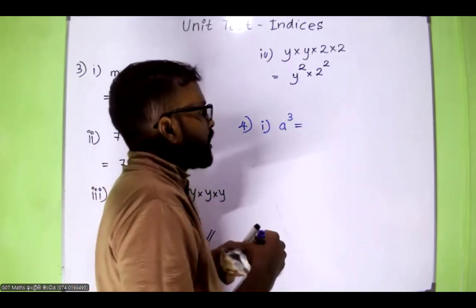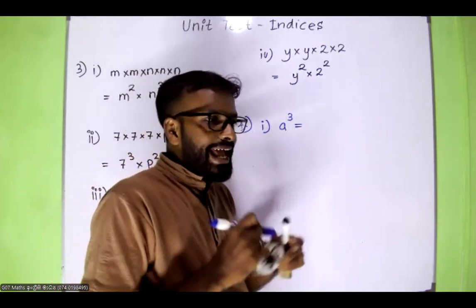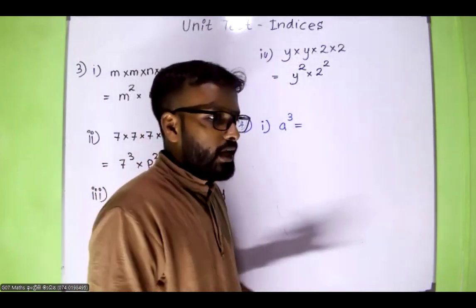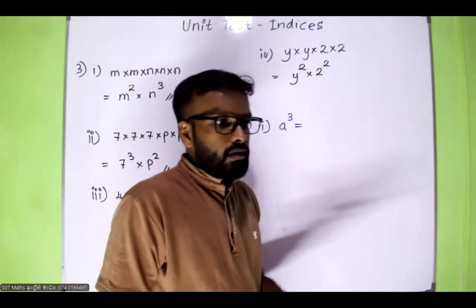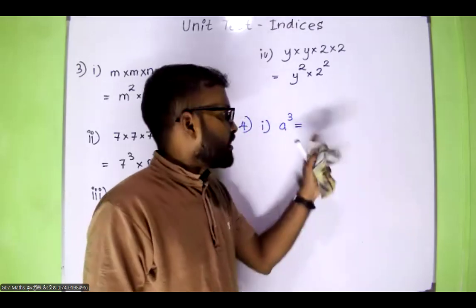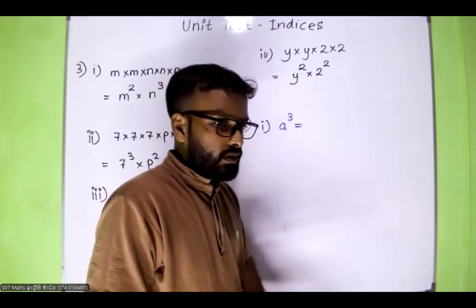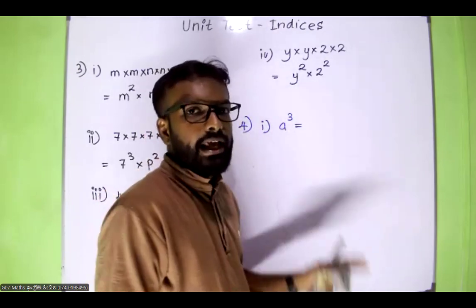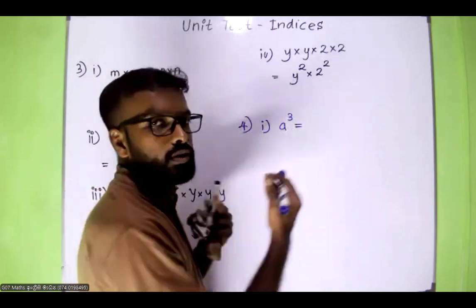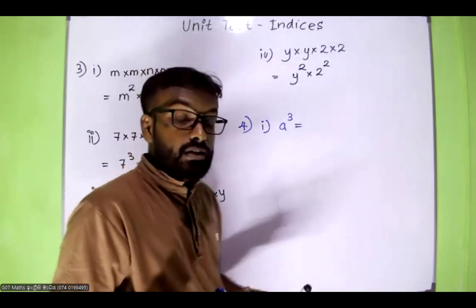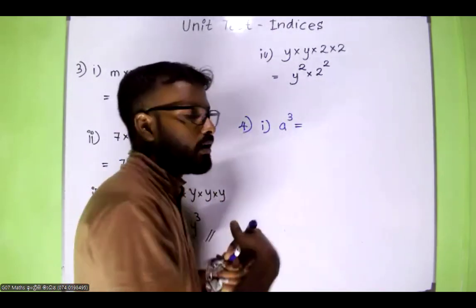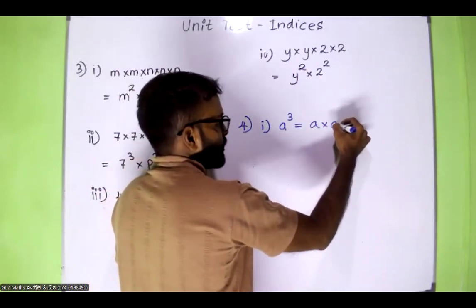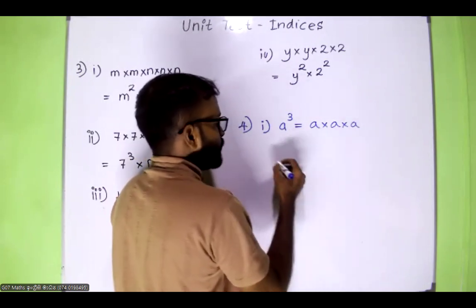How do we expand this and write it as a product? Nevino, can you say? How do you expand this? A to the power 3, a cube. A multiplied by A multiplied by A. How many times do you need to repeat? 3 times. Super.